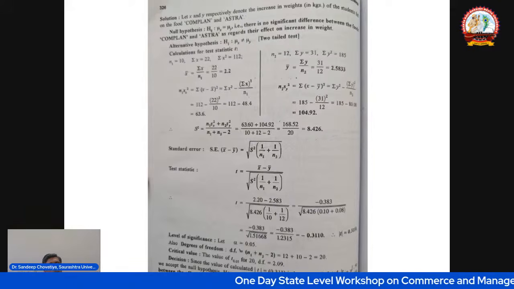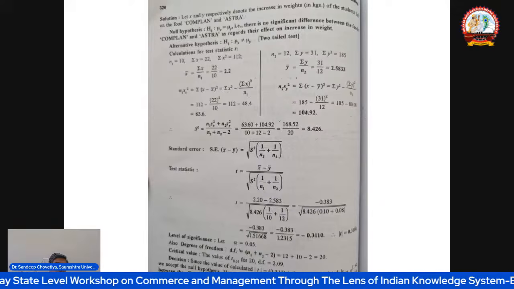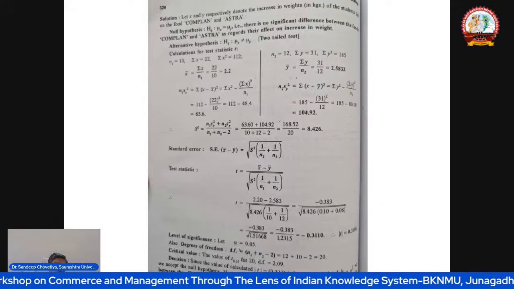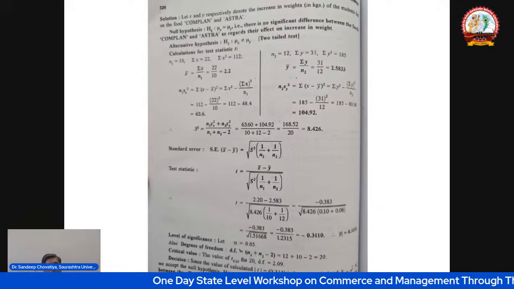So t મળે છે આપણે 0.311. So what is the level of significance, which is alpha is equal to 0.05, degree of freedom which is 20. So આપણે મળે છે જે કેલ્ક્યુલેટેડ વેલ્યુ અને ક્રિટિકલ વેલ્યુ અથવા તો ટેબ્યુલેટેડ વેલ્યુ. તો ટેબ્યુલેટેડ વેલ્યુ શું છે ભાઈ? વધારે છે when we discuss the calculated value.